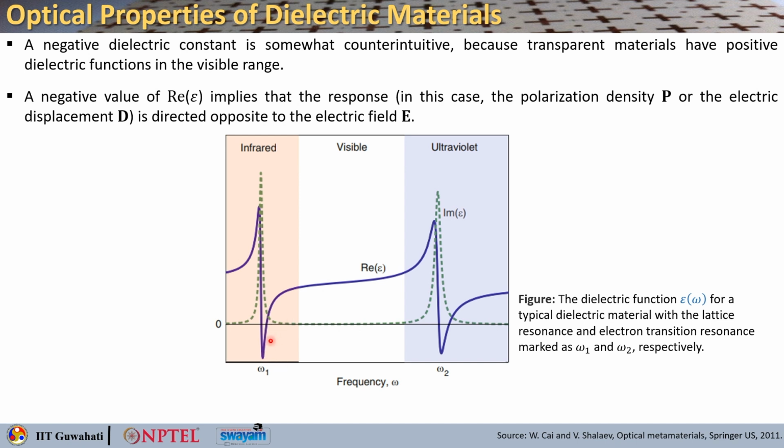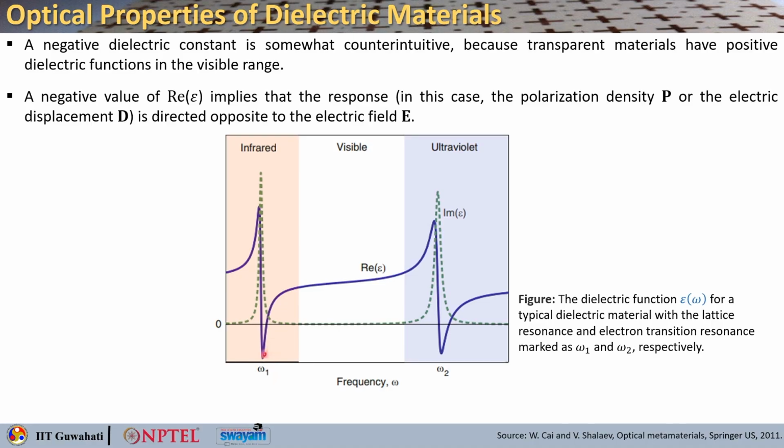When you have a negative value of the real part of the permittivity, that basically implies that the polarization density P, or you can say the electric displacement D, in that kind of material at that given frequency will be directed opposite to the incident electric field. So, that is how you can understand what this negative real part of the permittivity means.